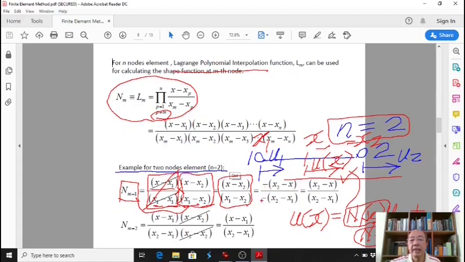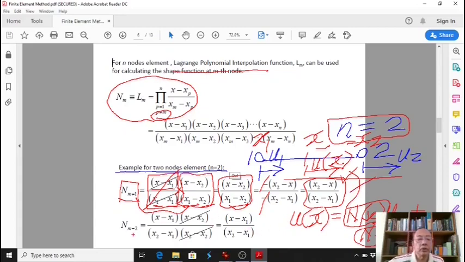Similarly at the bottom, we put minus, so change position, it becomes x2 minus x1, and then we cancel this. Okay, so we get n1 is (x2 minus x) per (x2 minus x1).